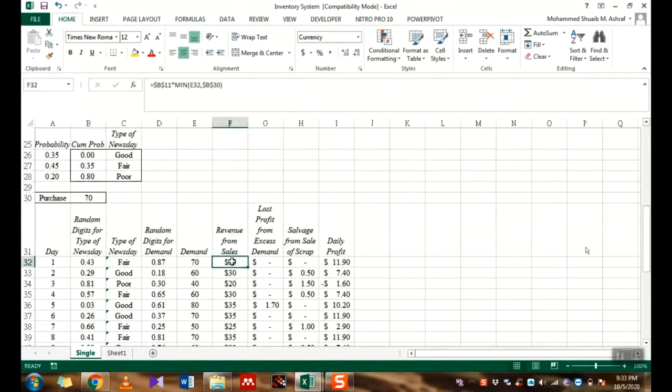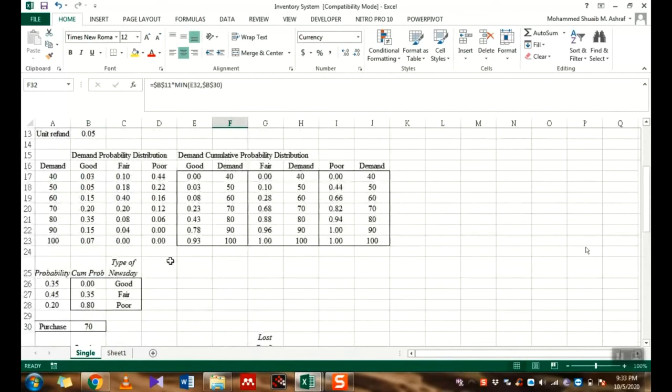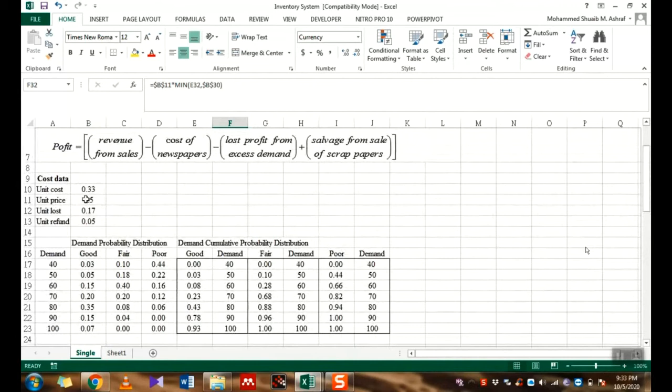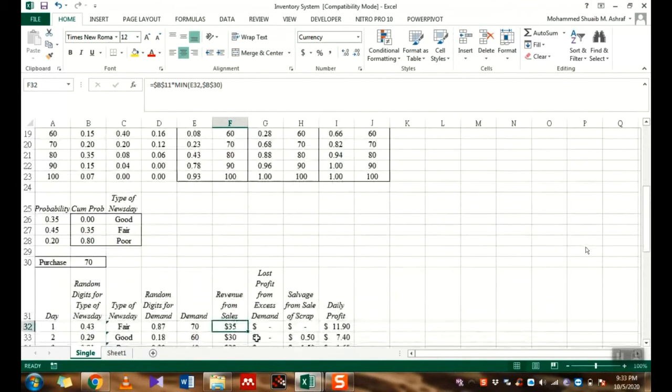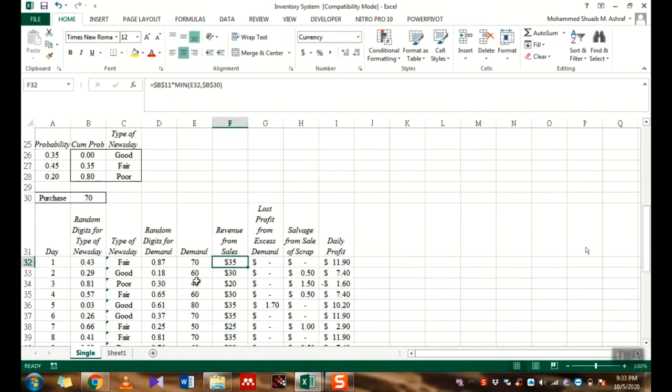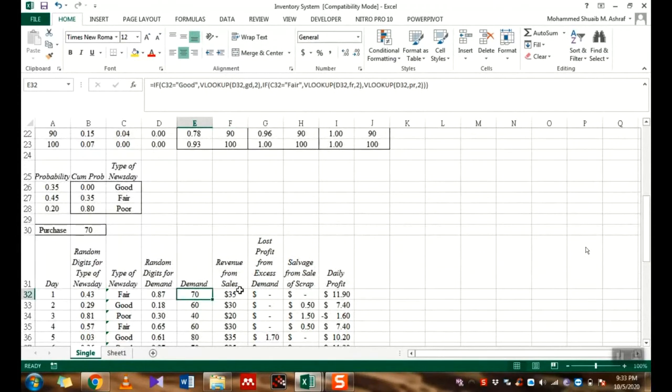Okay, so the formula is B11, multiplied by the minimum of this 70 and demand. See, the first day demand is 70.